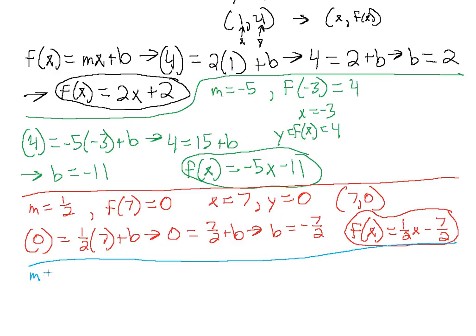Let's say we have the equation of a line, or a function, that has a slope of minus 1.5. And we're told that f of 0 equals minus 5.